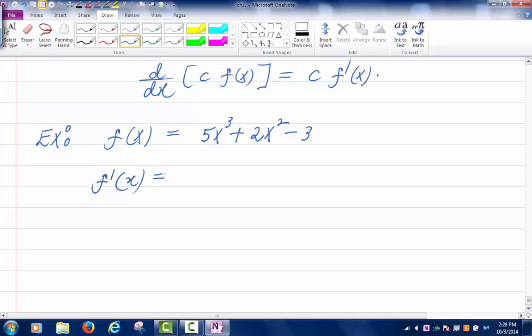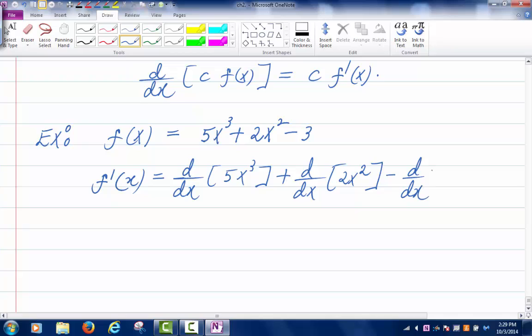Well, by applying the sum formula, number 1, I can take the derivative term by term, first of all. So I get the derivative of the second term, and I can take the derivative of the third term.